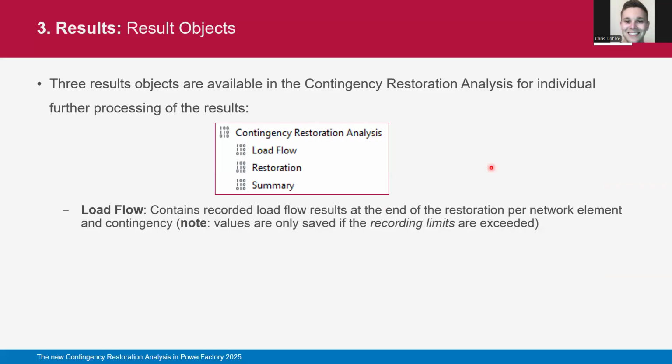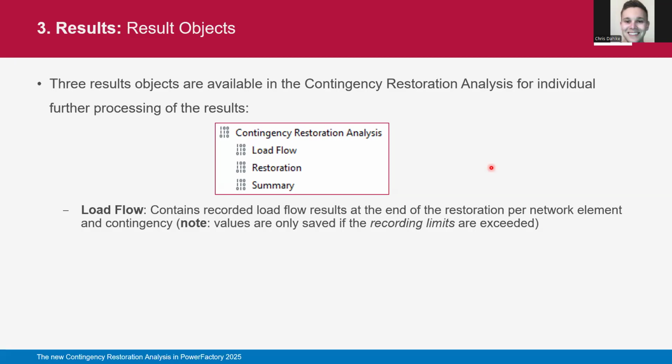If you want to look closer at the results, you are not bound to our reports. Of course, they can also be modified, but you can also access the result files. And there are 3 different result objects that are produced while a contingency restoration analysis is executed, and they contain the calculation results.